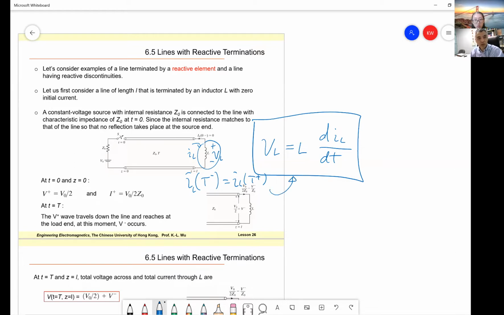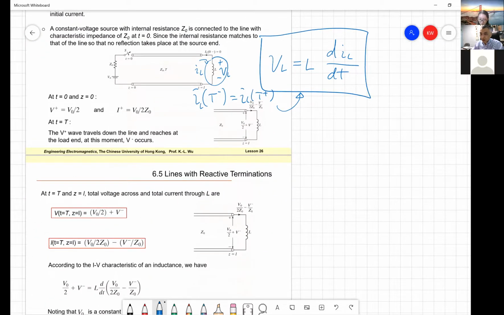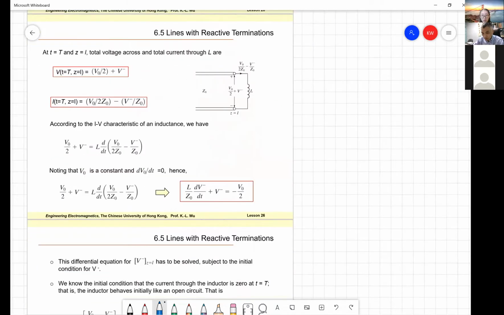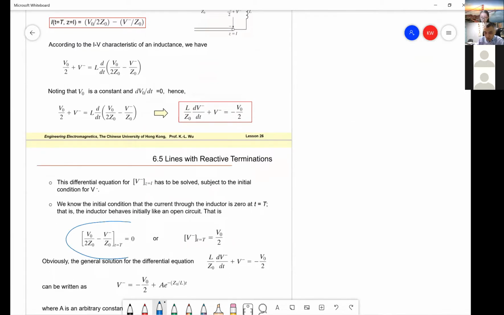So we draw this conclusion from the definition of inductance, from the derivative of the current. From this relation, we can find the voltage.